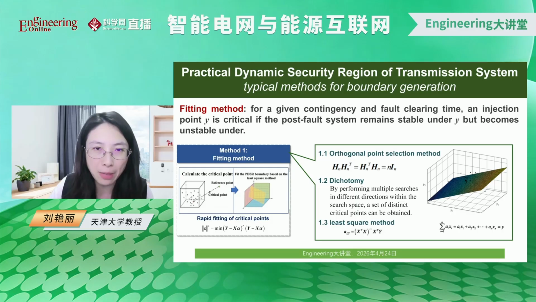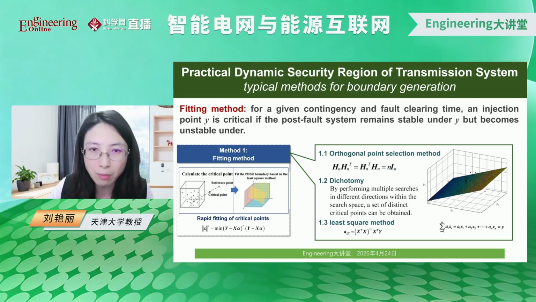For the fitting method, the basic idea is very simple. For a given contingency and fault clearing time, I mean the fault detail, an injection point Y is critical if the system remains stable at Y but becomes unstable under a slight change. That means based on the point-wise method, we check and simulate many operating points to check whether each is stable or not.